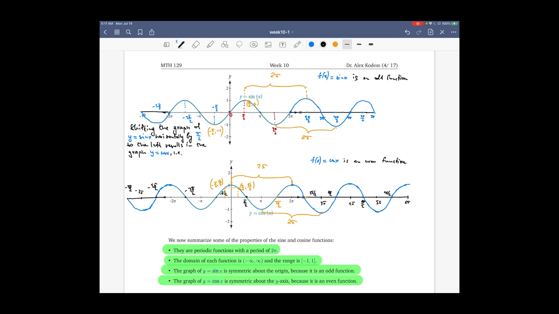Algebraically, that means what? We know a shift to the left by pi over 2 algebraically means that we are adding pi over 2 to x. So because the graph of sine x, when shifted to the left by pi over 2, results in the graph of cosine x, that means that sine of x plus pi over 2 is cosine x.